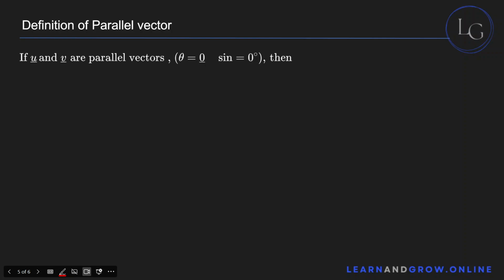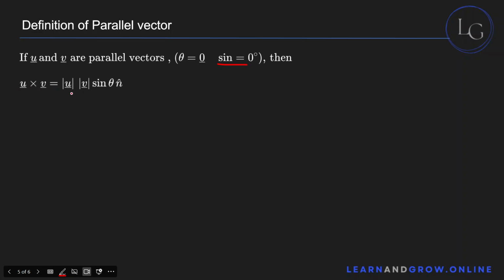Now let's discuss the parallel vectors. If u and v are parallel vectors, that means that theta is equal to 0 and sine theta is also equal to 0. So u cross v, this is the fourth property that we discussed earlier.